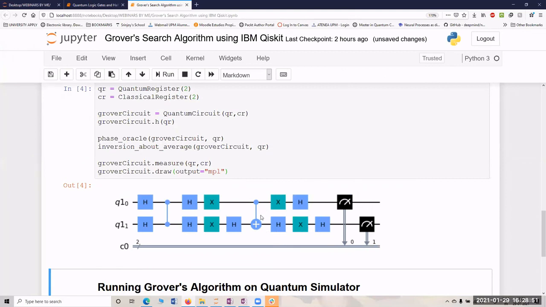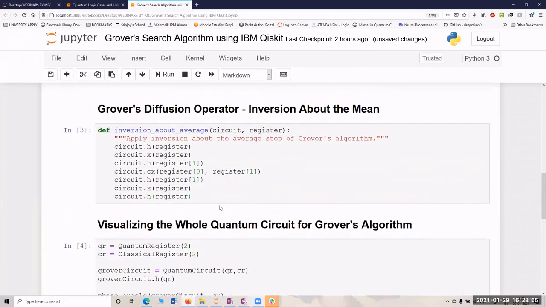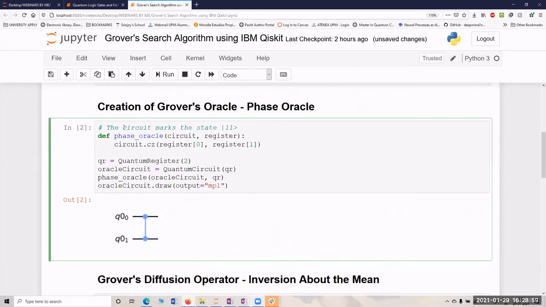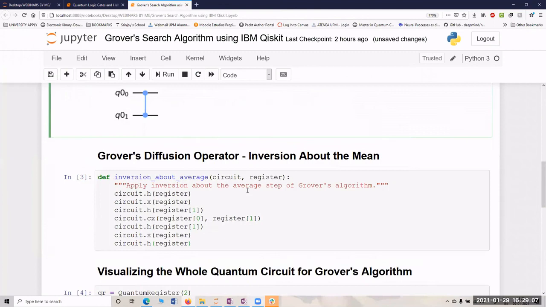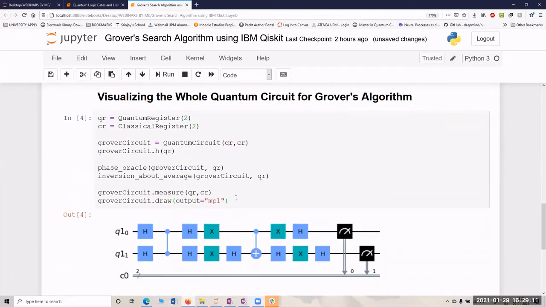After that, you take measurements, and here we were marking the 11 state. As I mentioned here, the circuit marks the 11 state. That means you know your solution, you know your marked element, you just marked it already, and then applied the Grover algorithm to find it.